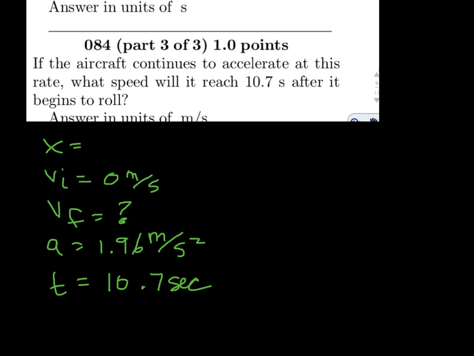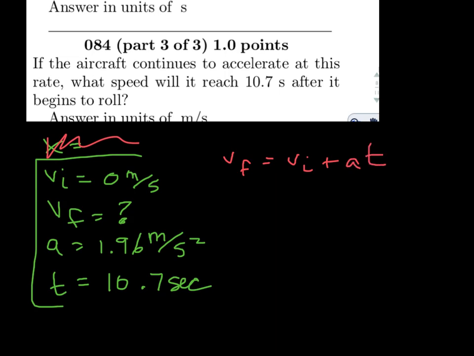Now we look at our equations, and we want the one that has these four variables and does not have x in it. There's only one that does not have x in it, and that's the easy one I told you to use earlier, v final equals v initial plus at. We're looking for v final, so this is very convenient.